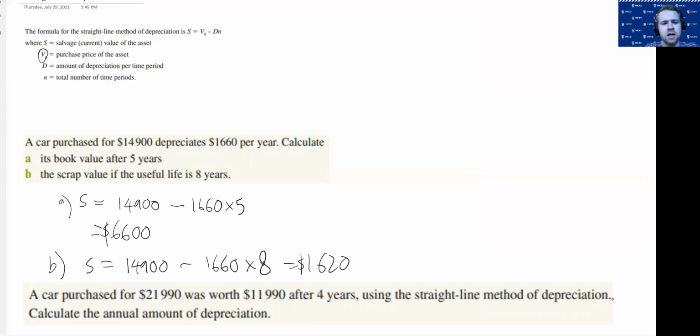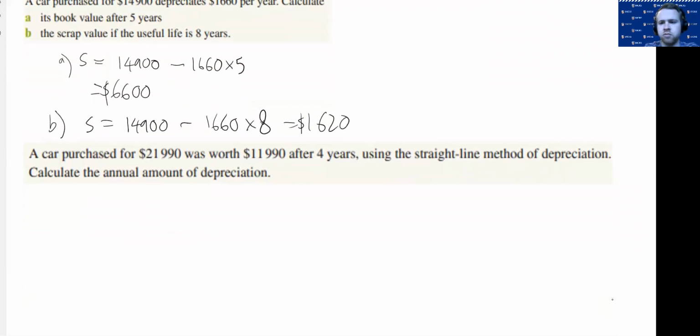Okay, so that is it, just using this formula up here, substitute the values. Now, as a classic switcheroo with any formula that you're given, you might be given other values. So read the question carefully. So this one, we have the V0, and we also have the salvage price. So this is the salvage, this is the V0, and then we're also given the number of time periods.